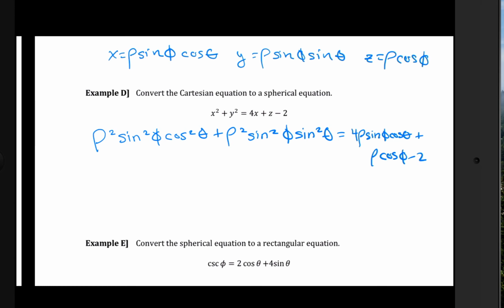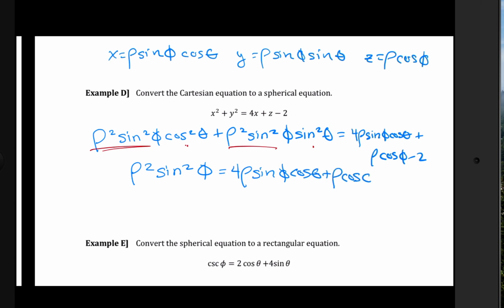And I see some things that I have in common here, right? I have a common factor of rho squared sine squared phi, and then I can see this cosine squared and this sine squared are going to just drop out, right? Because cosine squared plus sine squared is 1. So once I factor out that common factor and I'm left with cosine squared plus sine squared, all I really have left is rho squared sine squared phi is equal to 4 rho sine phi cosine theta plus rho cosine phi minus 2.